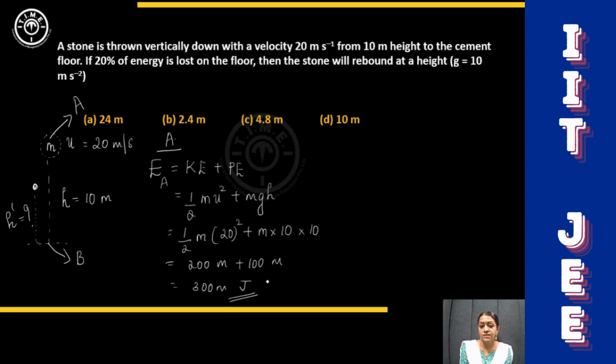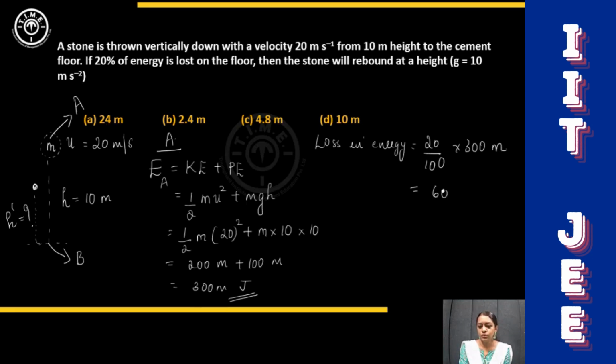When the stone is falling onto the floor, it loses 20% of this energy. Okay, so what is the loss in energy taking place when it is hitting the floor? 20% of 300 m. Okay, so 20 by 100 of 300 m.